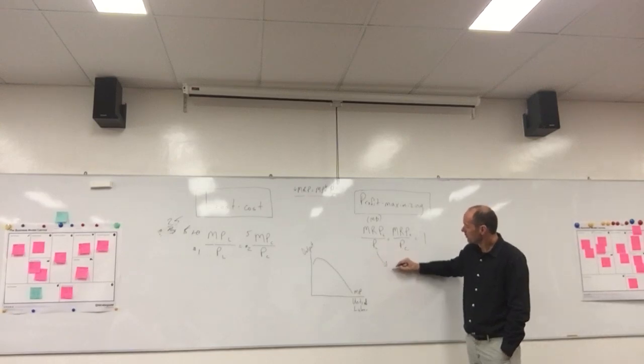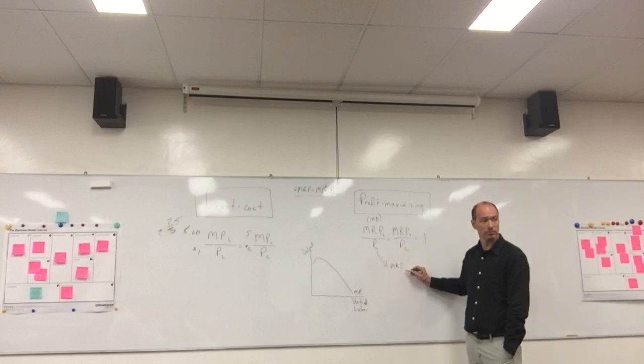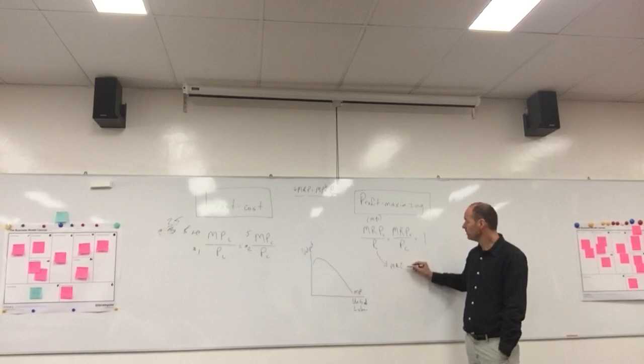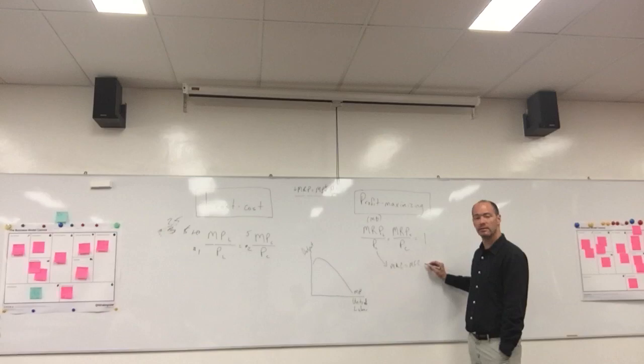This is also known as the price of the worker. The wage is the marginal resource cost. You'll see this expressed in some books as the MFC, the marginal factor cost.